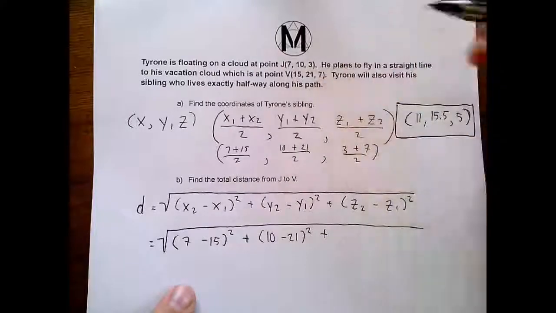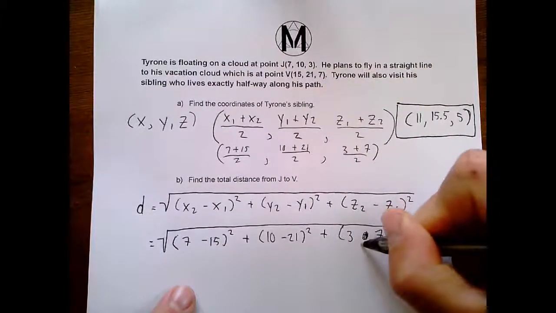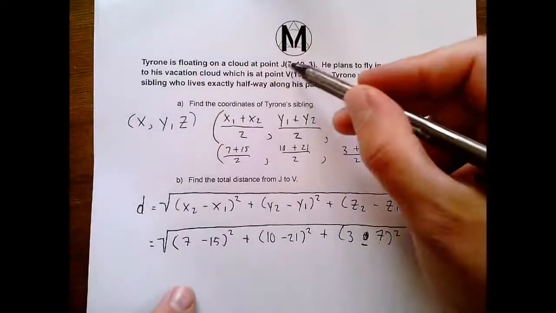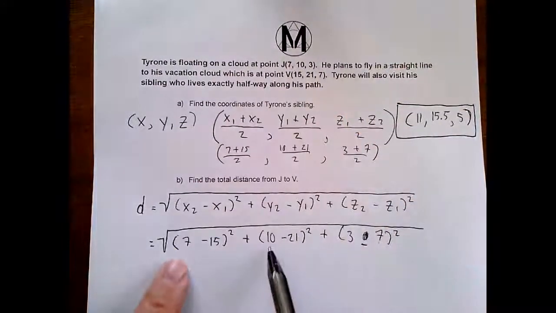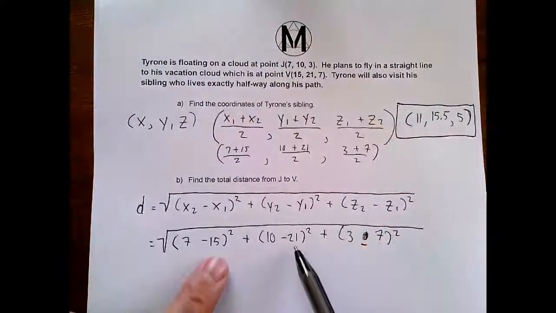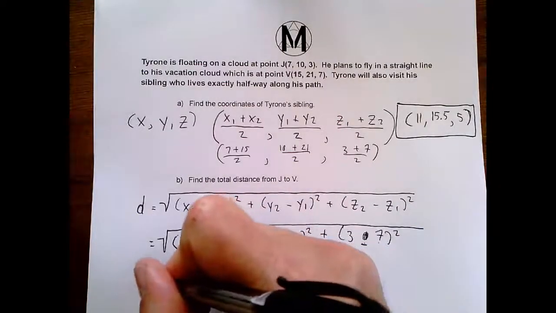And then 3 plus 7. Oh, excuse me. Whoops. 3 minus 7 squared. And there you go, okay? And again, just to be really clear here, it's important that I put all the J values first, 7, 10, 3, and then all the V values second, 15, 21, 7. Okay, and this is a minus sign. I just messed up, but we'll get there. Okay, so here we go. Let's keep it going.